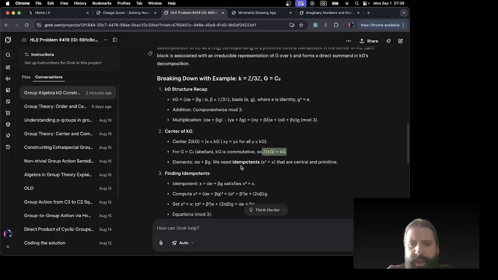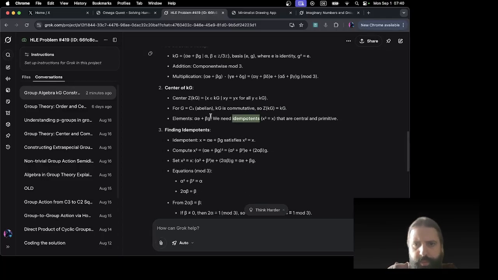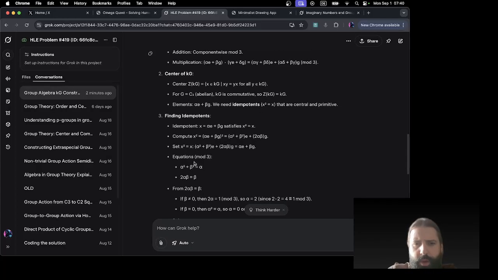We need idempotents that are central and primitive. Equations mod 3.